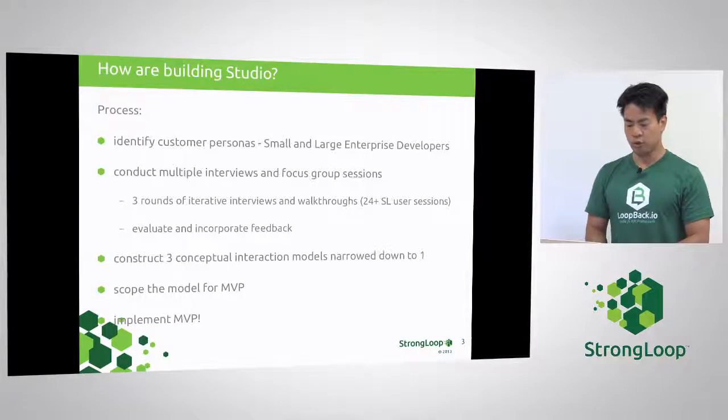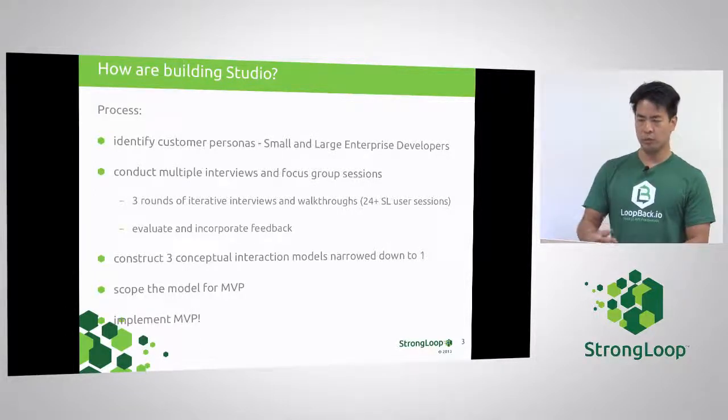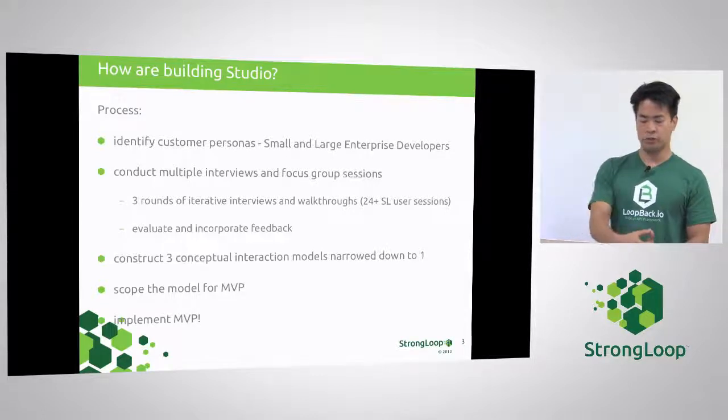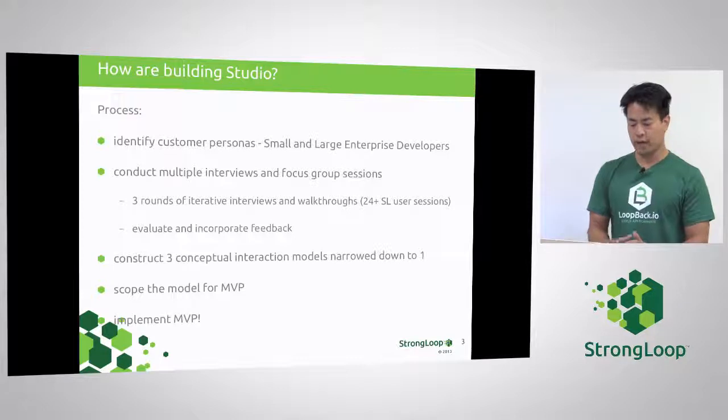We ran quite a few focus groups and conducted a lot of interviews. As we developed wireframes and proofs of concept, we showed them to the focus groups and went through interviews to get your feedback, and every step of the way we built a model of what we progressed to. We're at a point now where we have a good idea of what we want for the minimal viable product, or MVP, and we're in the middle of implementing that MVP.